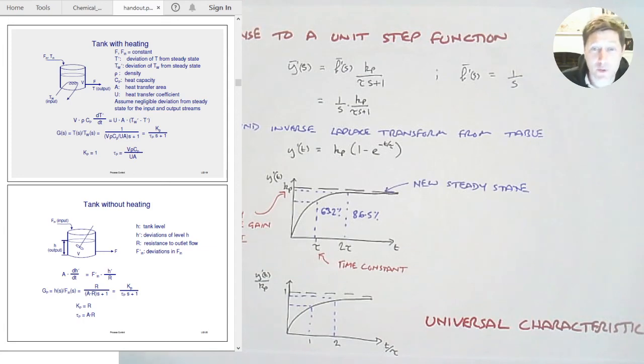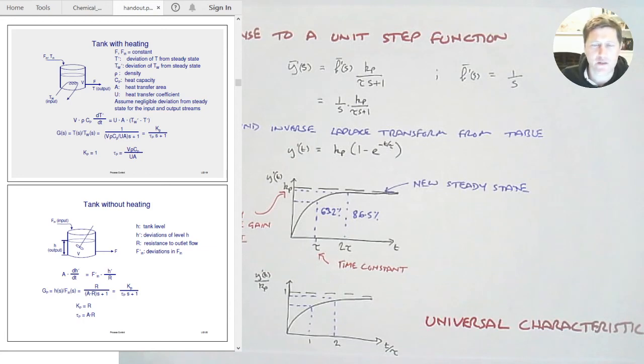And the same thing works for the tank without heating, but where the level is changing. So we have the input, which is simply a flow rate, and we have a height of liquid in the tank, and the higher the liquid is, the more quickly it's going to start flowing out of the hole, the orifice at the bottom, and that's related to the resistance of outlet flow.